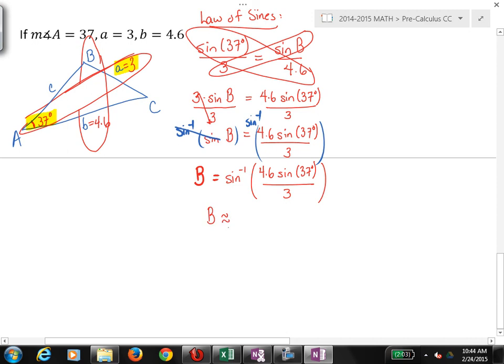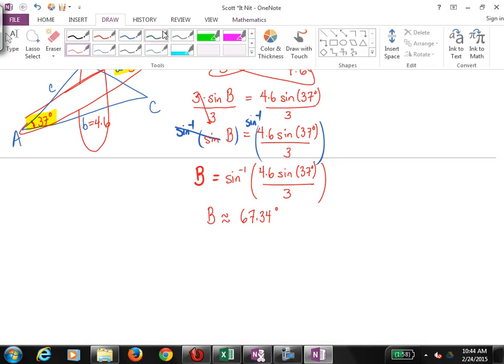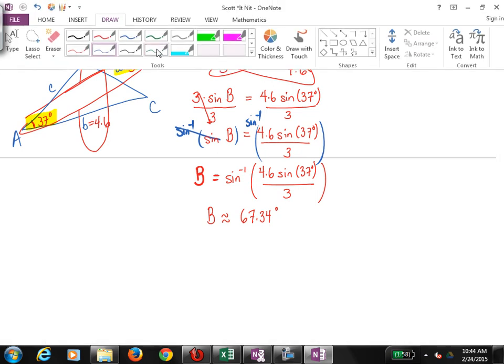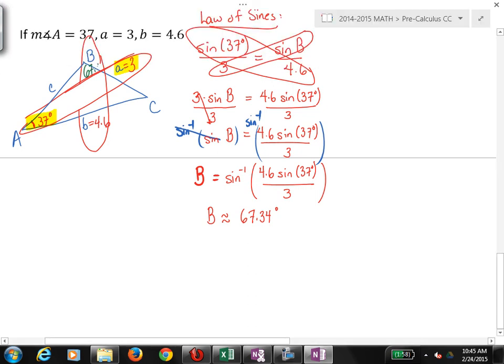This one, you do have to make sure that your calculator is in degree mode. 67.34 degrees. Did everybody get that? And then I can annotate my picture. Since I already solved that, let me choose a different color. This is 67.4 degrees. Now I can just proceed to doing the way I did the previous example.